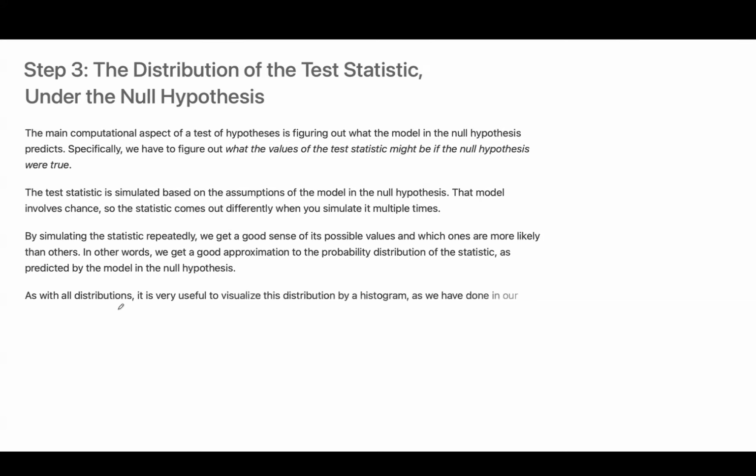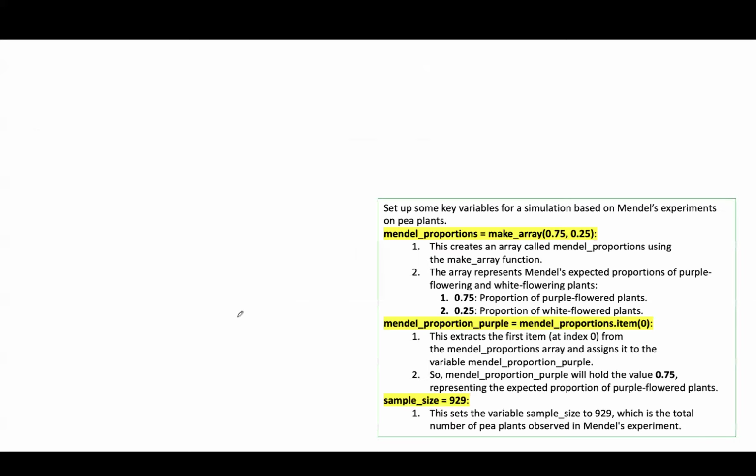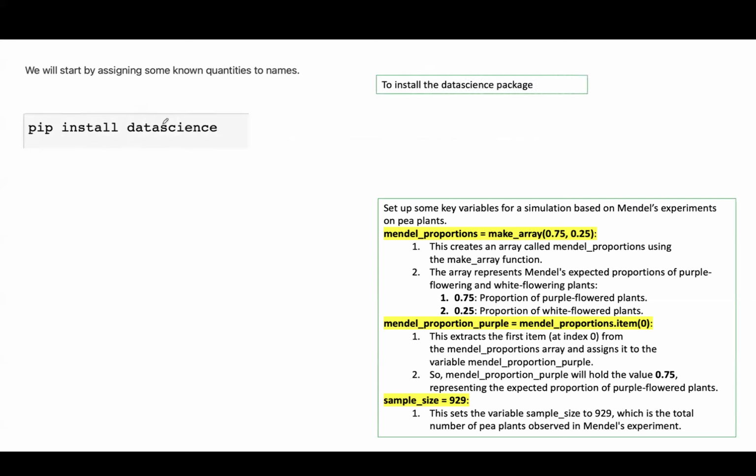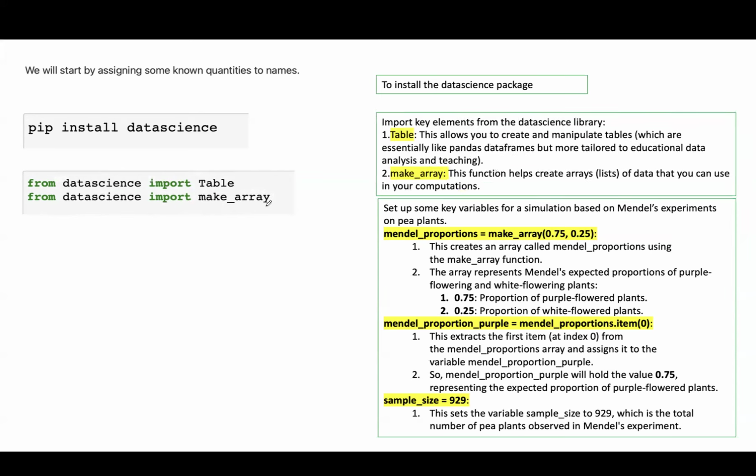As with all distributions, it is very useful to visualize this distribution by a histogram, as we have done in previous examples. Let's go through the entire process here. So let us start by assigning some known quantities to names. Let us install the datascience package, pip install datascience. From datascience, I want you to import Table and make_array.